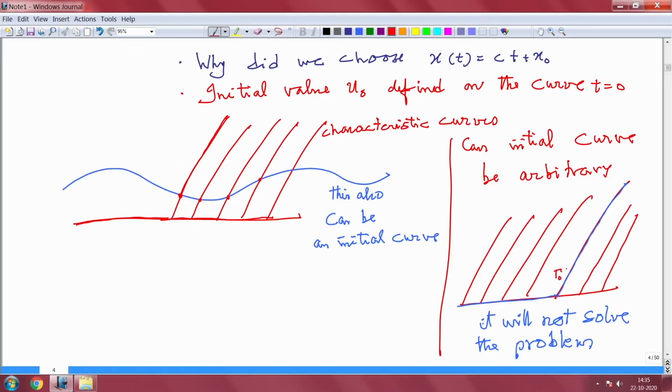You see. So, that actually indicates that your initial curve should not be a characteristic curve at any point. It should not be parallel. These are the geometric conditions which you need to understand. If the initial curve happens to be a characteristic curve or a portion of a characteristic curve, then it is possible that many of the characteristics will not intersect your initial curve.